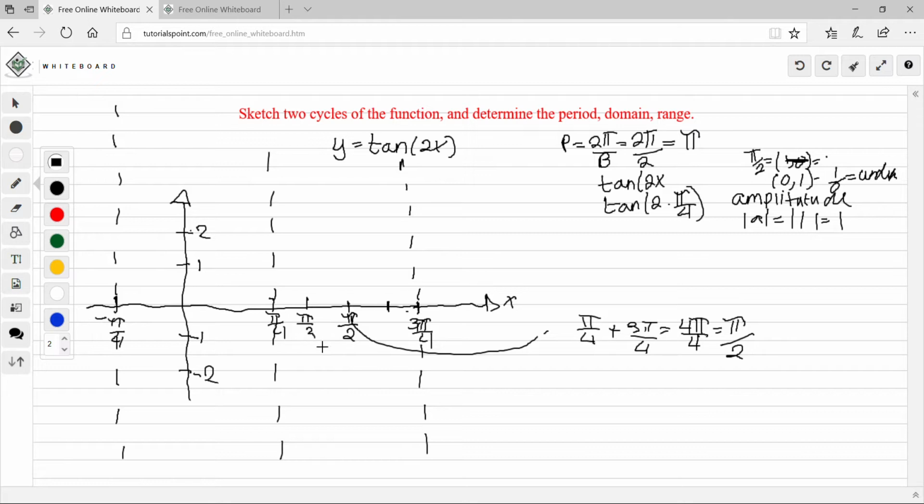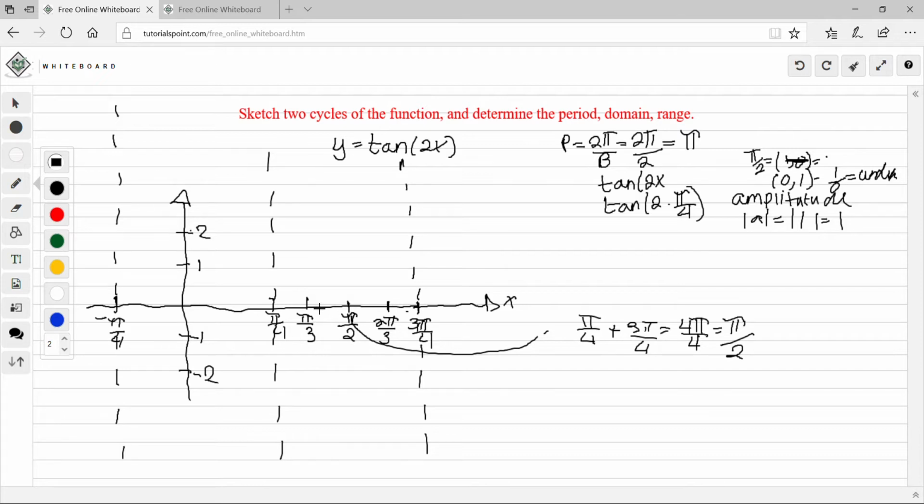And then we need a number between pi halves and 3 pi fourths, and that number is 2 pi thirds. So that's how I got these critical points. To get this one, you add pi fourths plus 3 pi fourths, divide by 2, and then you just find a number between these two numbers. So that's how I got all these points.